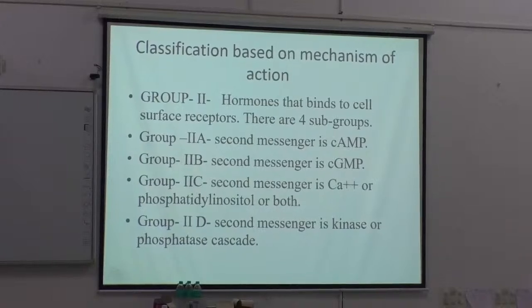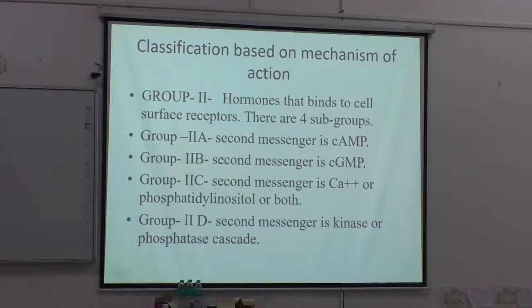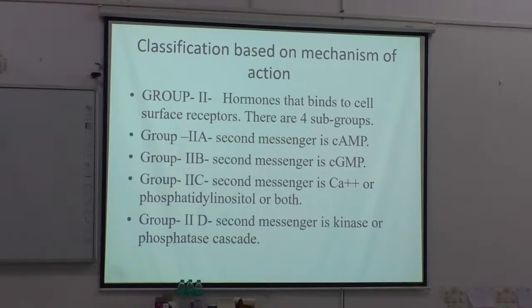Different names, same compound. Some write PIP2, some write IP3, some write phosphatidyl inositol, or both. Right?